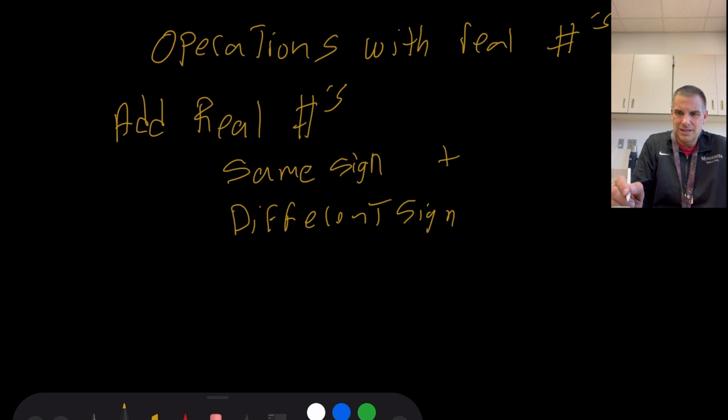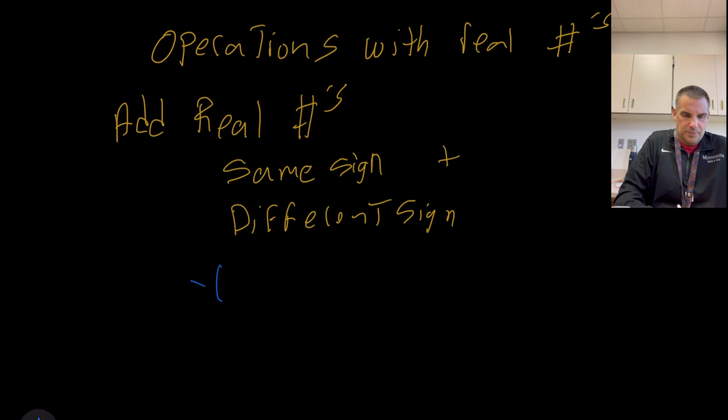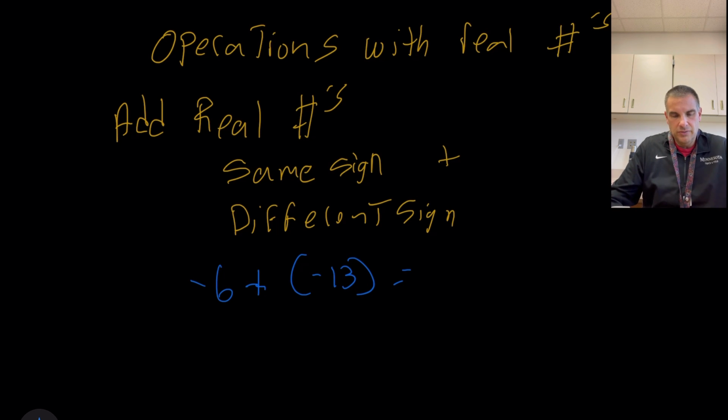So let's look at a couple of examples. So let's go with -6 plus -13. Now you notice that these two have the same sign. So technically what you're going to do mathematically is take the absolute value of -6, which is 6, and the absolute value of 13, which is 13.